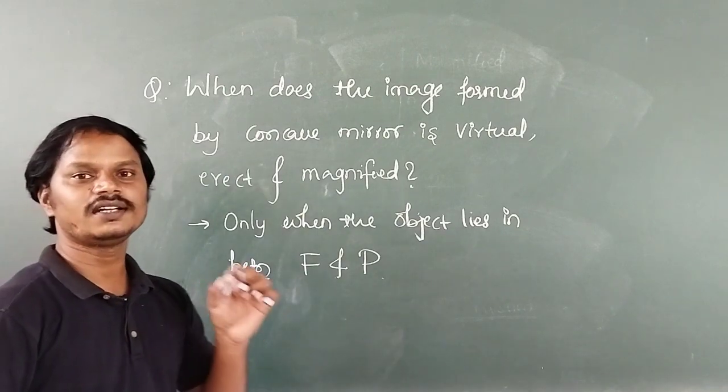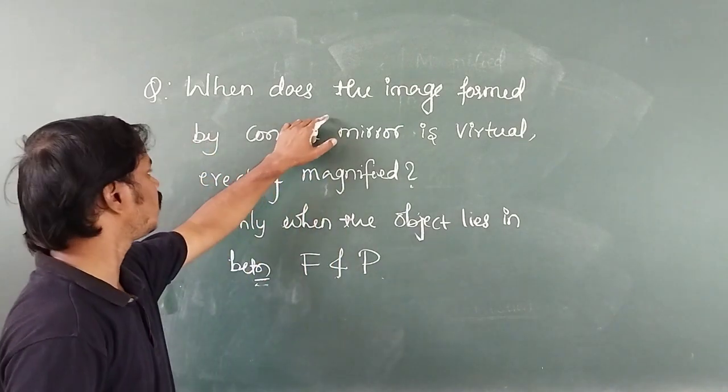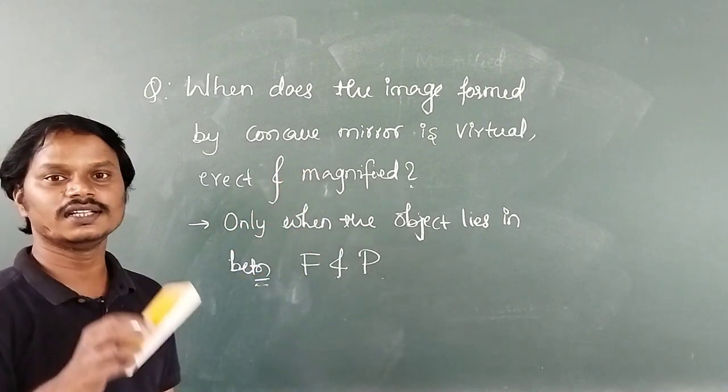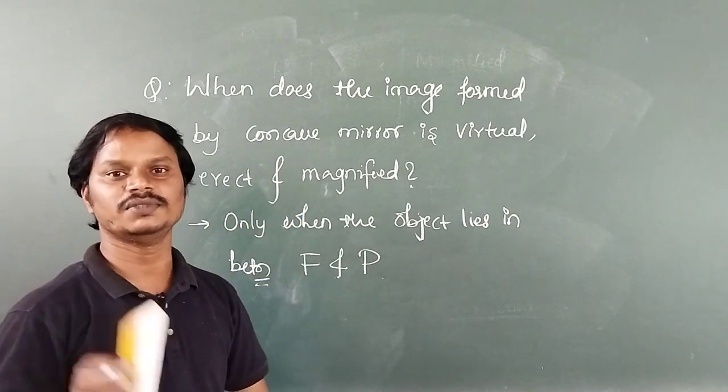Next, when is the image formed by a concave mirror real, inverted and diminished?